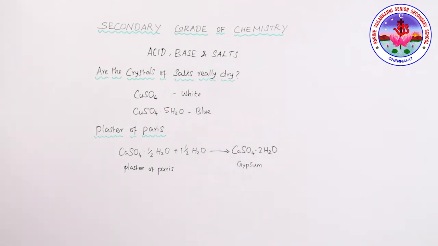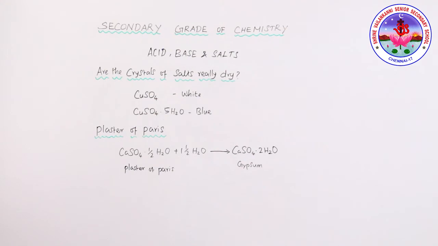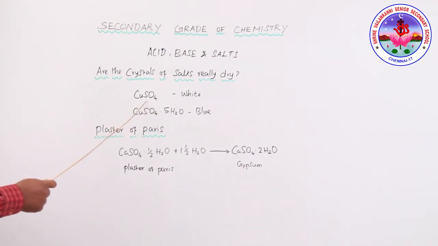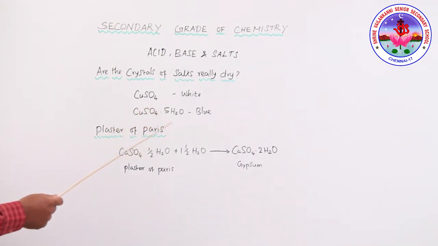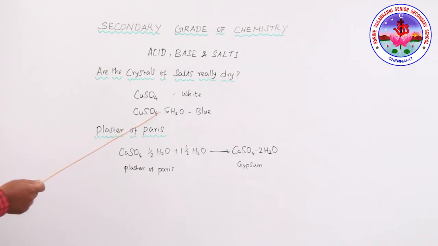Are crystals of salts really dry? Look at copper sulfate in hydrated form. You have seen it in the laboratory as a blue salt. That means the copper sulfate contains hydrated molecules, 5H2O. Without this, it is white in color. The copper sulfate crystals which seem to be dry contain water of crystallization.